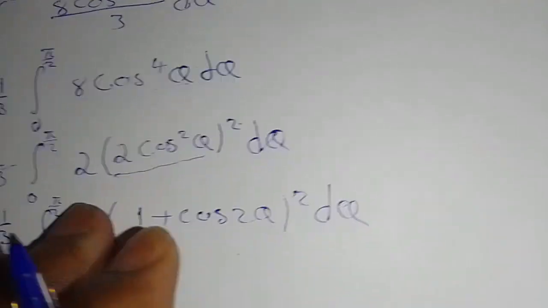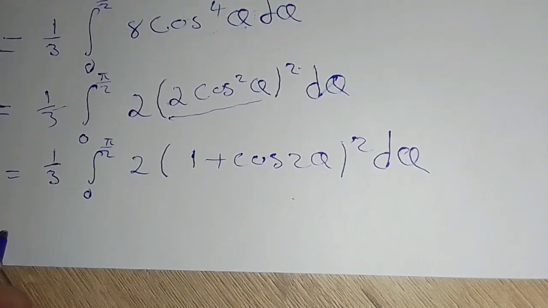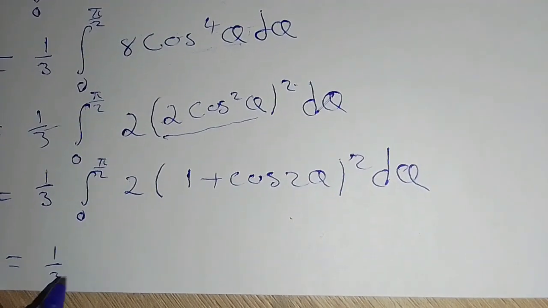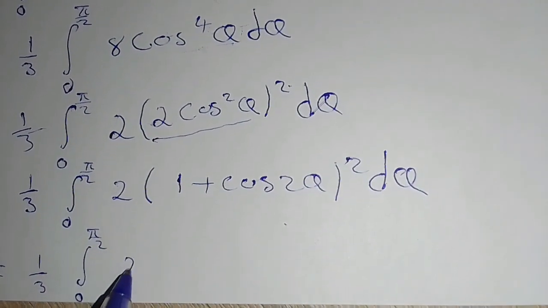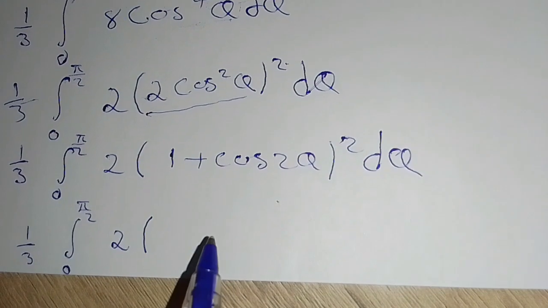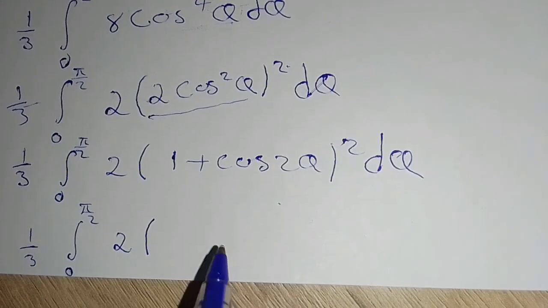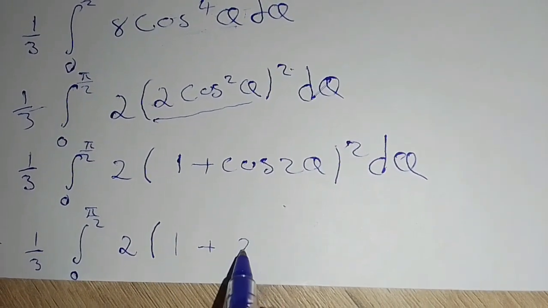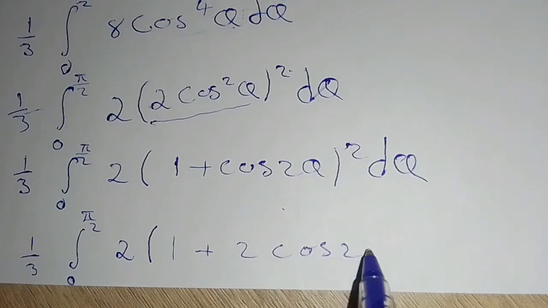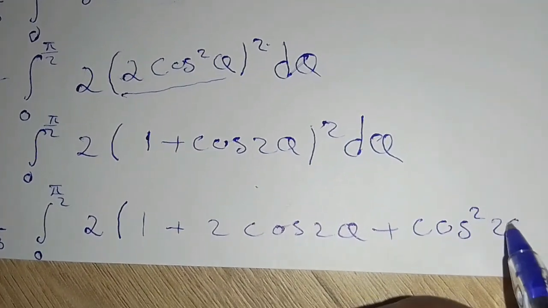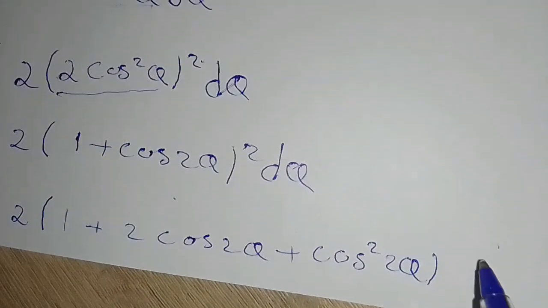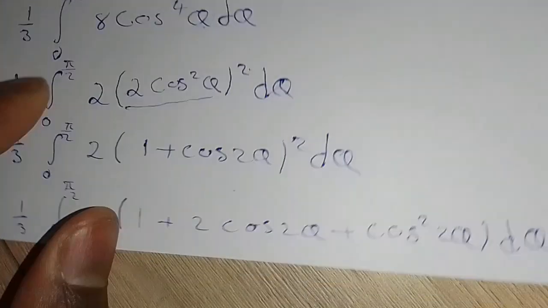So d theta, then we can just expand that. We have 1 over 3, the integral from 0 to pi over 2, of 2 into 1 plus 2 cos 2 theta plus cos² 2 theta d theta. Then you have something like that.